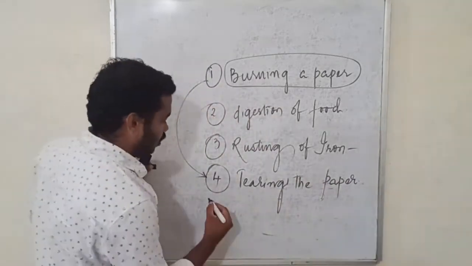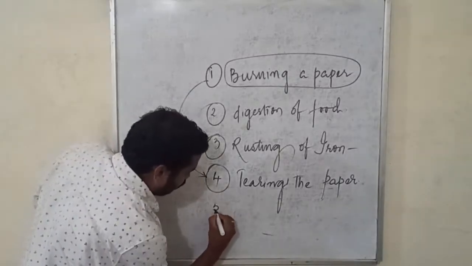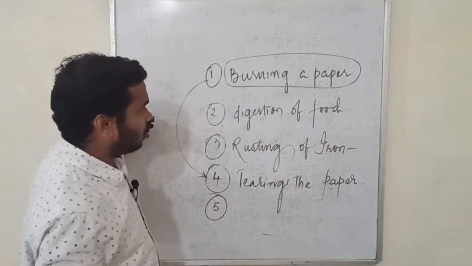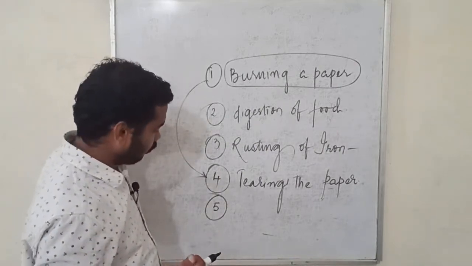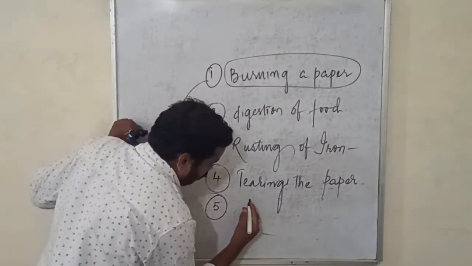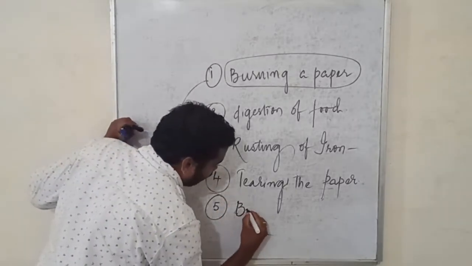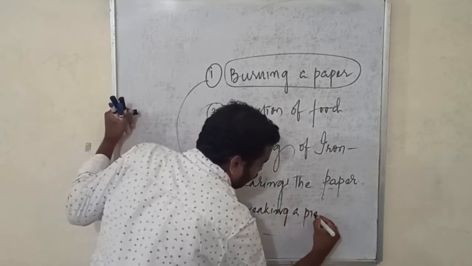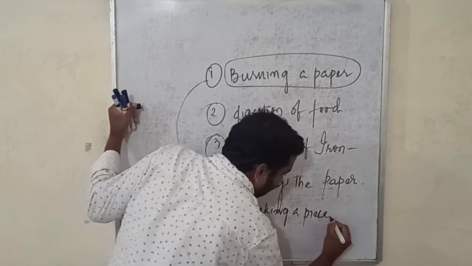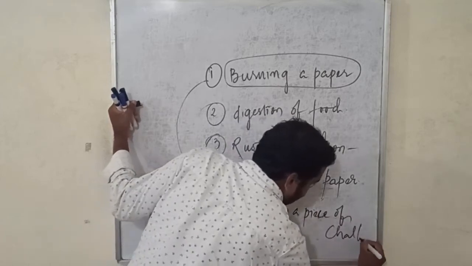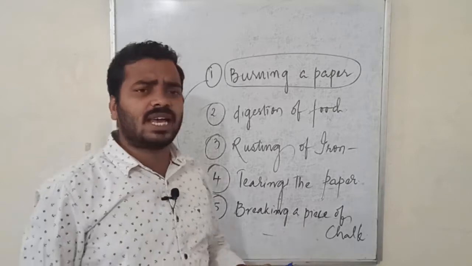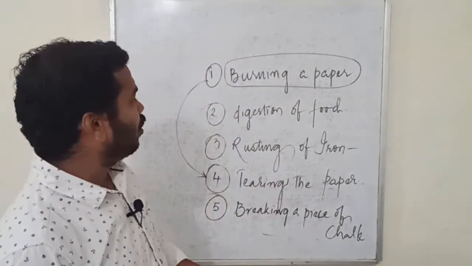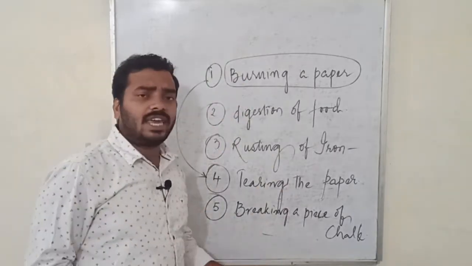Fifth, breaking a piece of chalk. These are some random examples which I have picked from our day-to-day life to say which is physical change and which is chemical change.